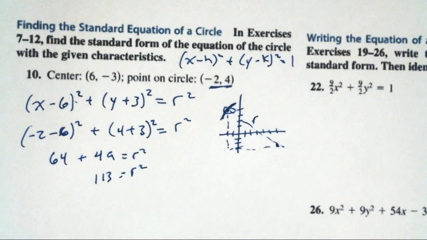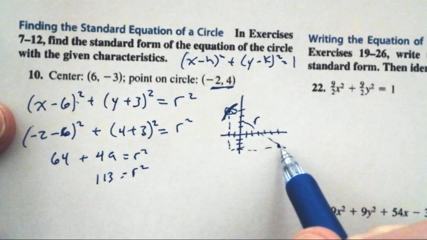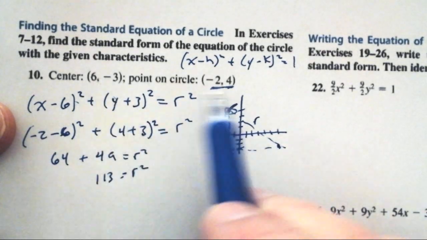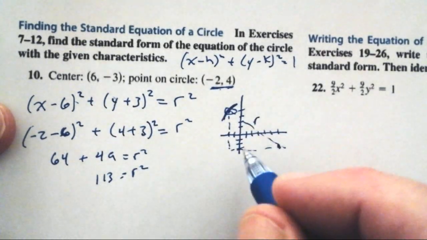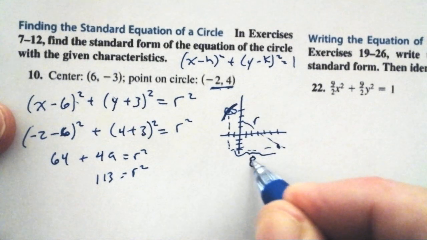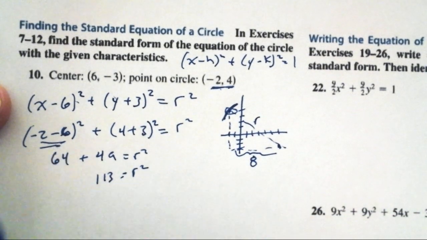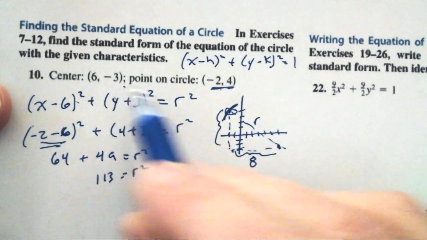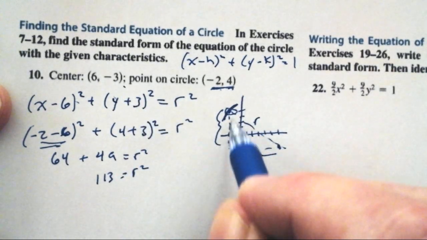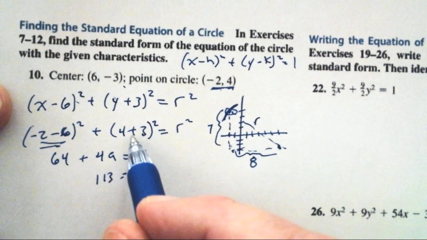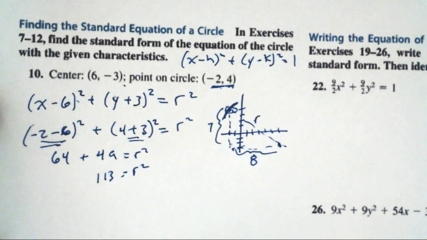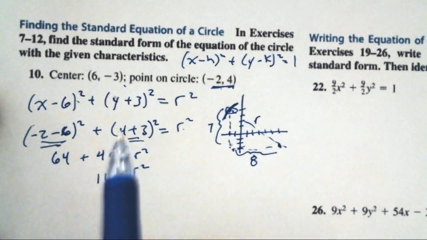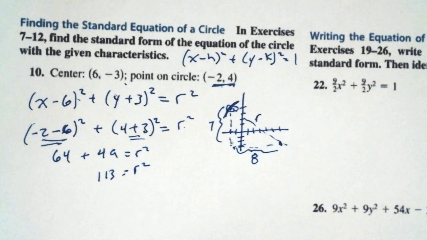I said I was going to talk about how this is related to Pythagorean Theorem. If we go back to here, this was to the right 6, this is to the left 2, so this is 8. And this distance is from down 3 to up 4, that's 7. It's just Pythagorean Theorem. And if I take the square root of this thing, it's just the distance formula. They are all the same.